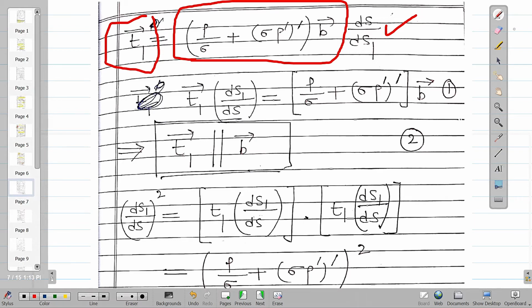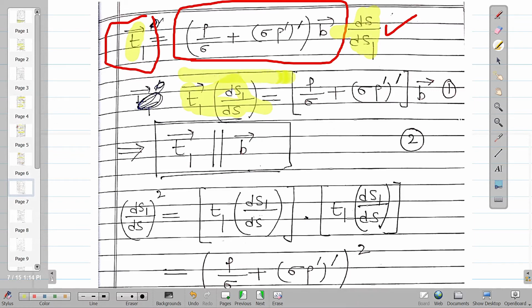value of ds by ds1? Remember this, how we can find these values. That is a very simple way. Taking the dot product of t1 vector, because it will become 1. So 1 is equal to t1 vector dot t1 vector. Taking the dot product of this equation, or we can shift this equation to the left hand side. So what we get is t1 ds1, this value, into rho by sigma plus sigma rho dash into b1.